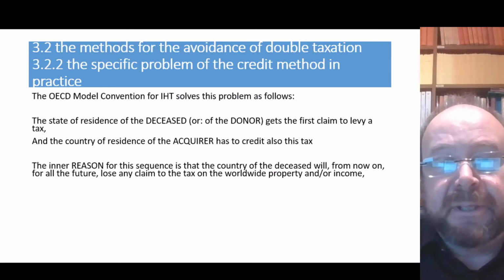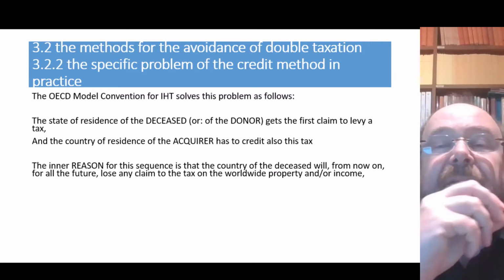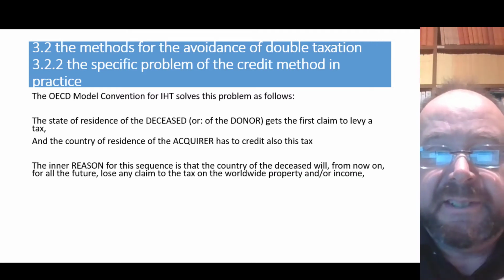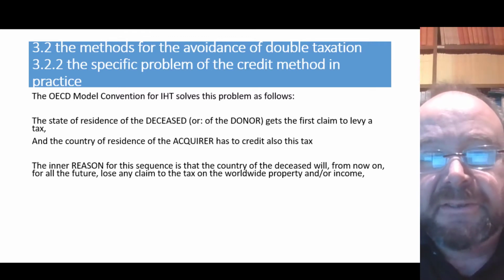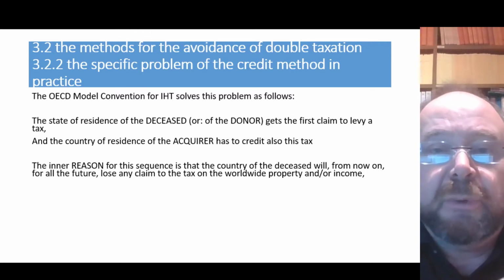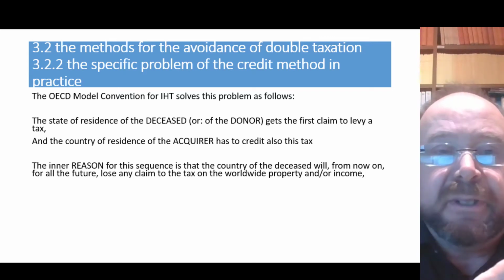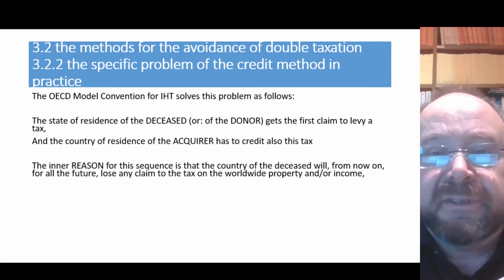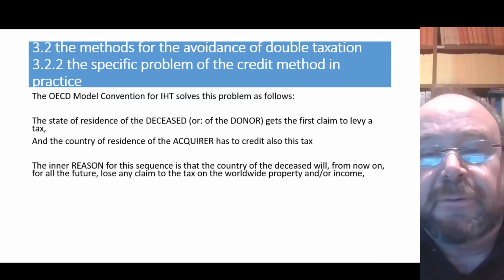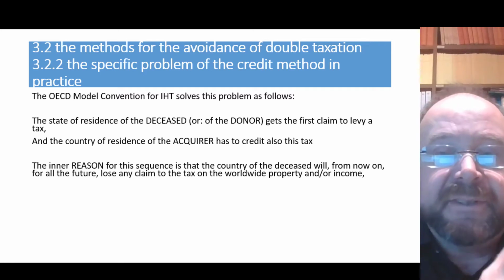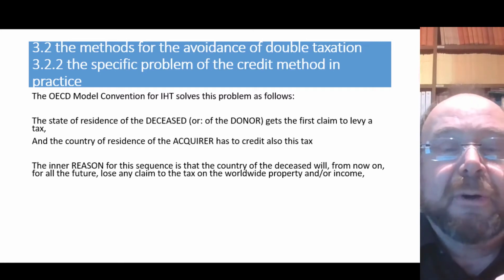The reason behind that idea is, well, the country of the deceased was unlimited tax liable for the whole worldwide property. But now the deceased afterwards will be gone. So this moment is the last possibility ever for the state of residence of the deceased to tax this property.